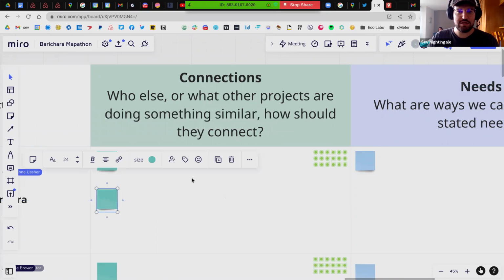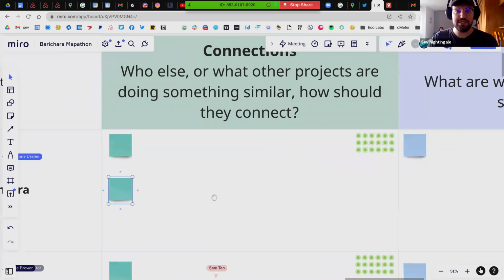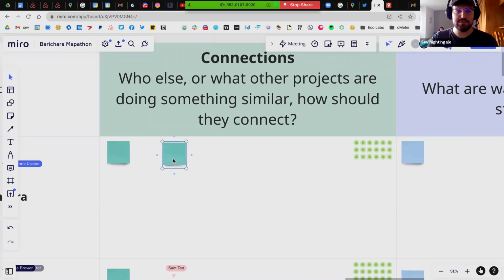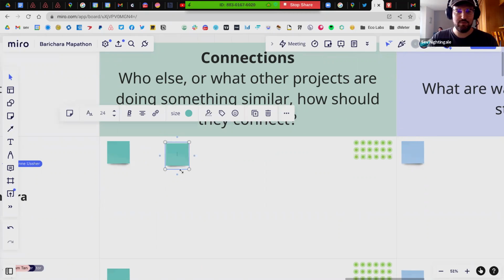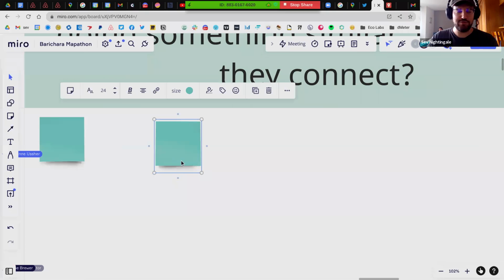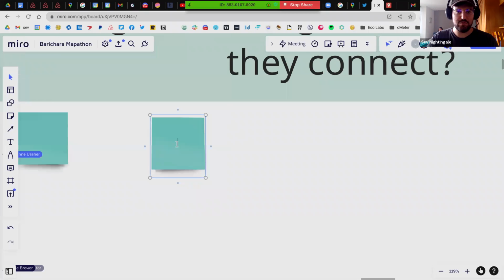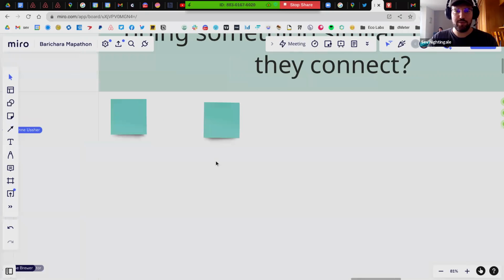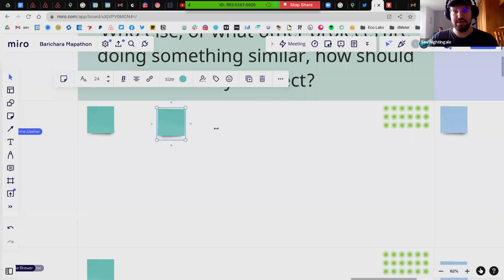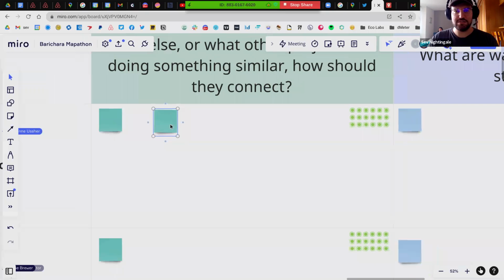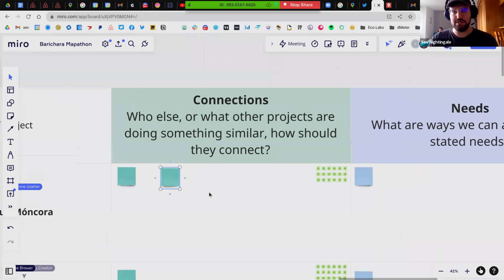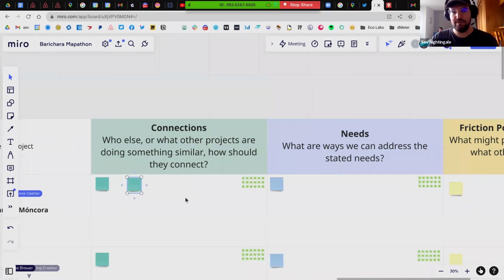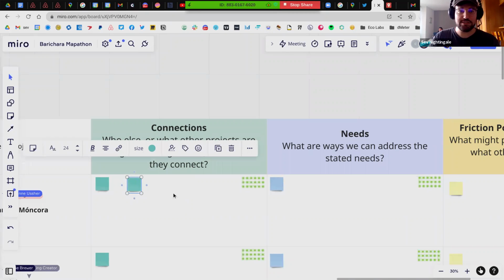This area is really to spend time. You can add as much text as you like to a sticky note, and we can zoom in and see it. The beautiful thing about Miro is you can get really close and see the context. So don't worry about doing one word. You can share whatever you think is impactful around each of these focus points.